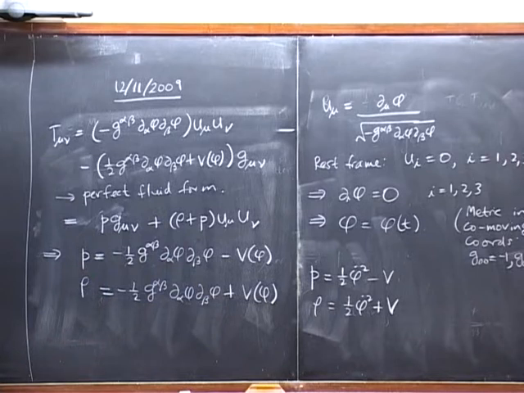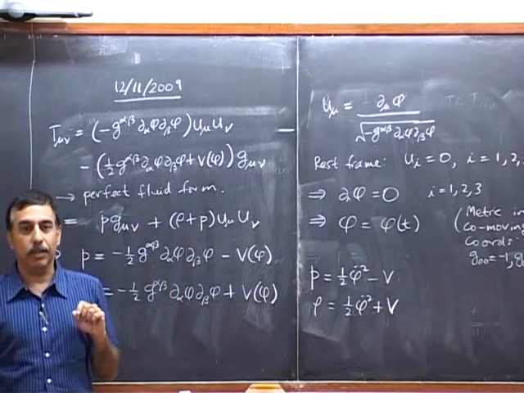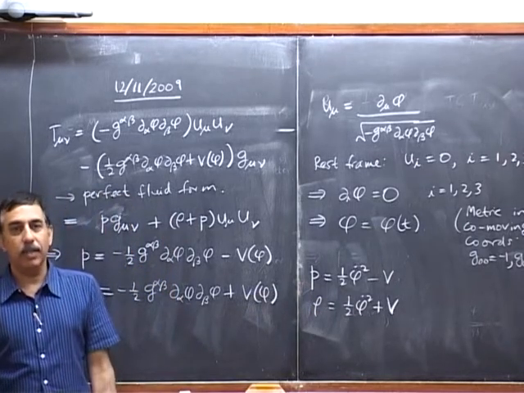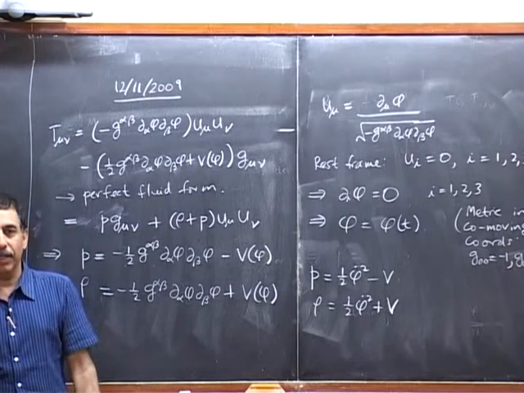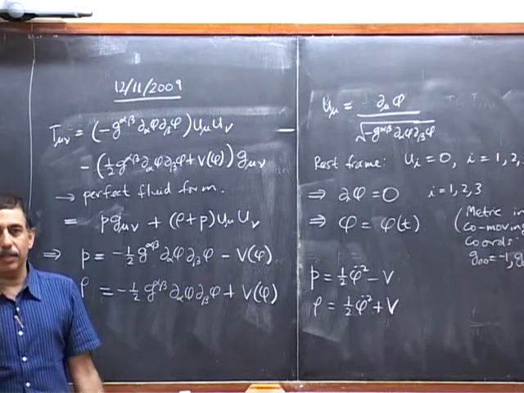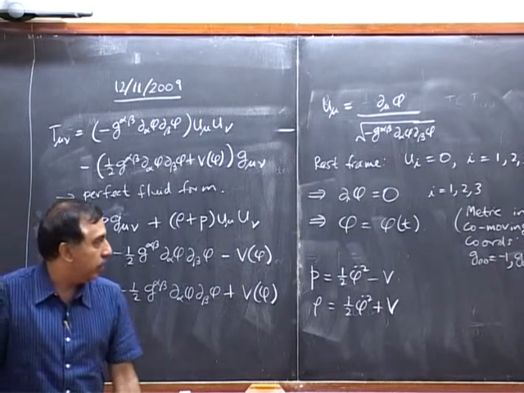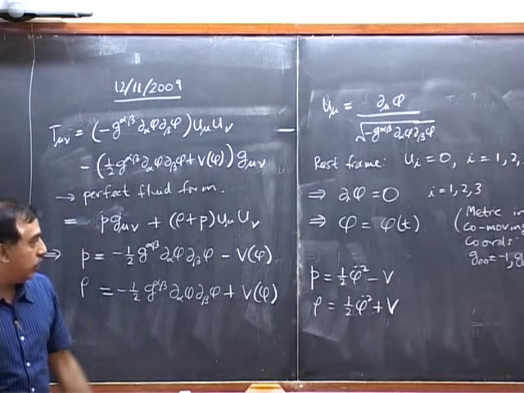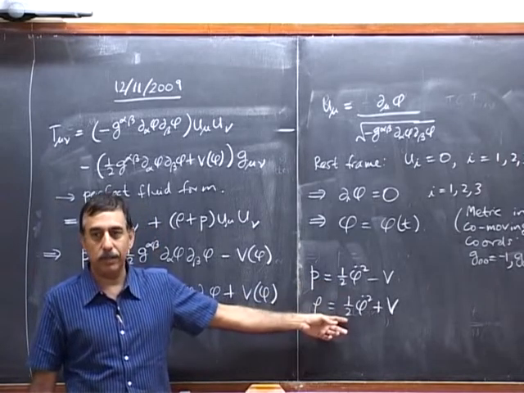Okay. Now notice something nice. Earlier P and rho were just some names we had given to the energy momentum tensor components. And then we had to say, well, there's an equation of state and P is proportional to rho, but we couldn't justify that on any fundamental terms. It had to be justified from experiment or from some choice of effective description. But now, first of all, notice that P is not proportional to rho. They are simply two independent functions.